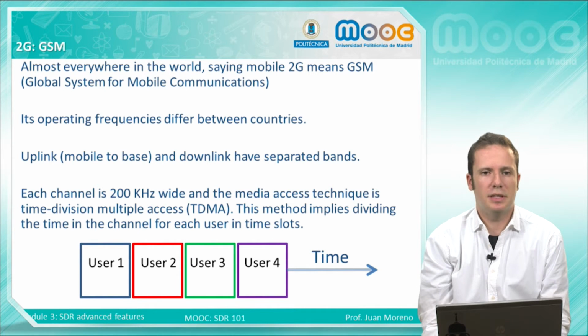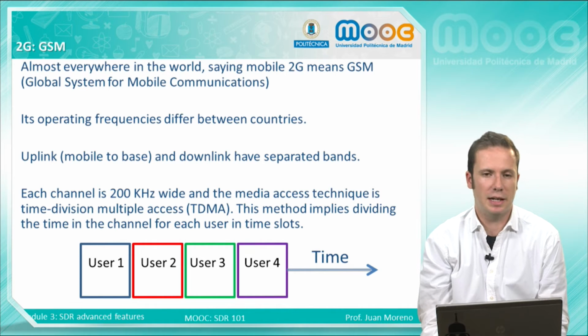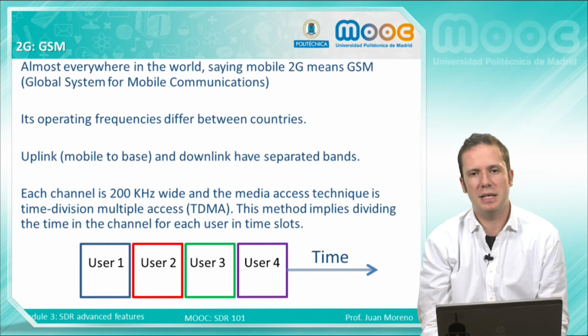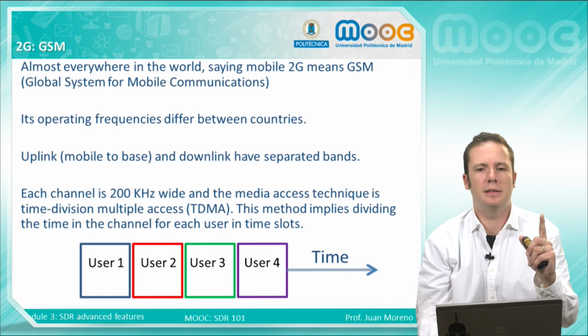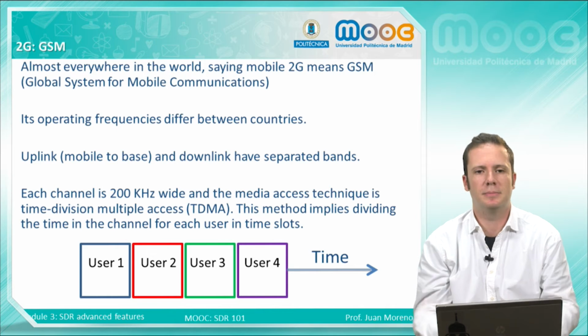In GSM, the uplink, this is the link between the terminal, the mobile, to the base station, and the downlink, this is the link between the base station and the mobile, have separate bands. One works in one band and the other in a different band.